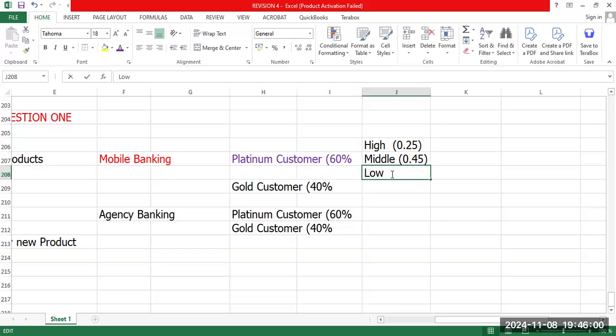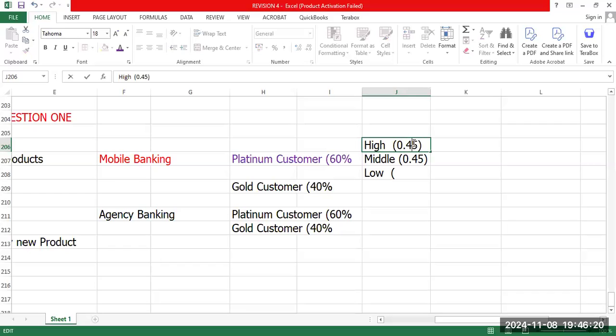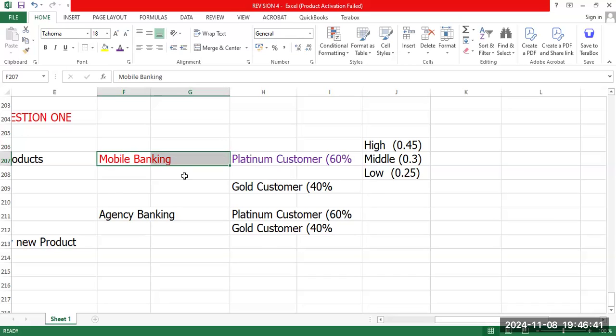What about low? 0.25. Perfect. Then, remember, mobile banking has two categories of customer.